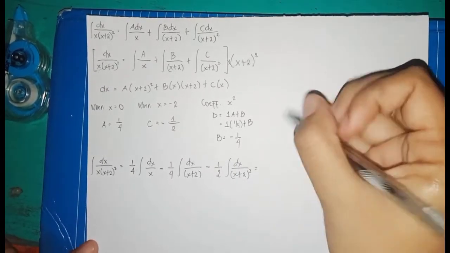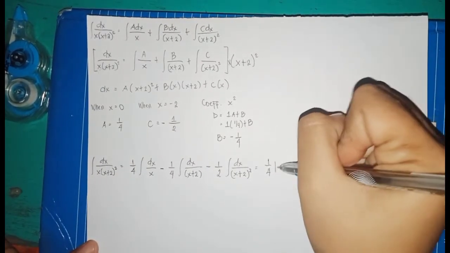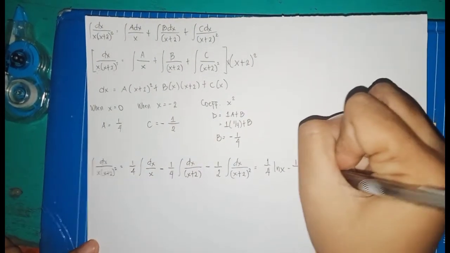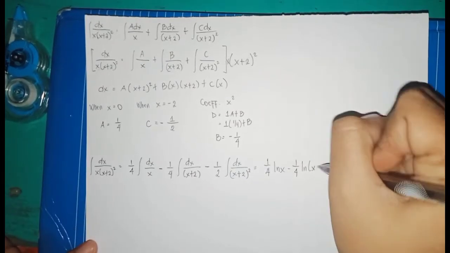So this is equal to 1/4 ln x minus 1/4 ln of x plus 2.